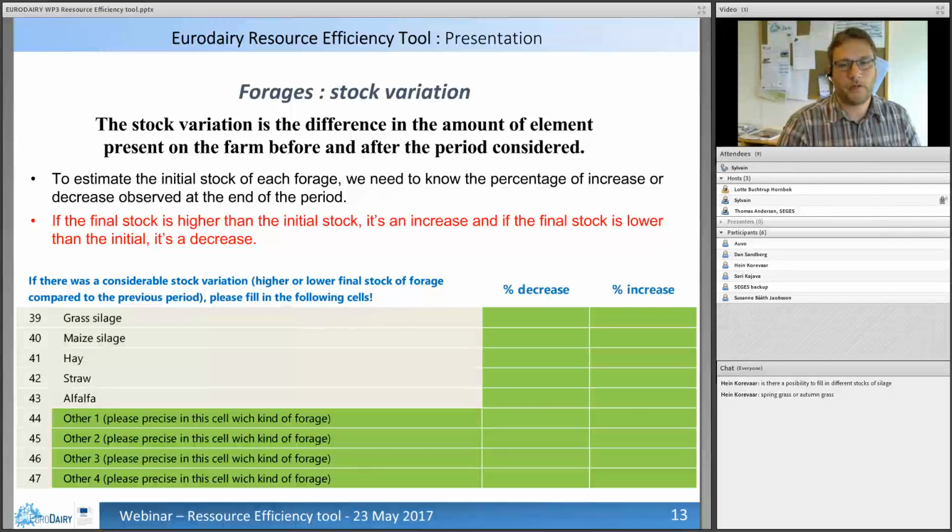We had the example in the Dairyman project with a tool which was very important, with a lot of information needed to be collected, and I was not present at the beginning of the project, but I think that people needed about 1 year to develop and to agree on the tool.